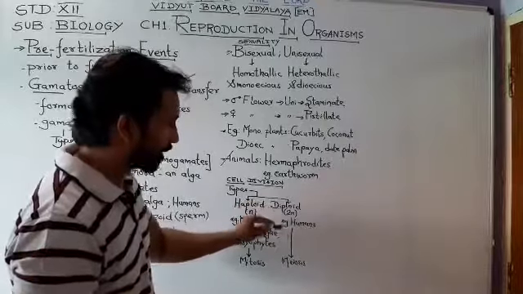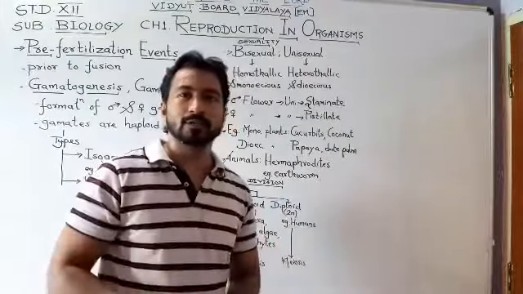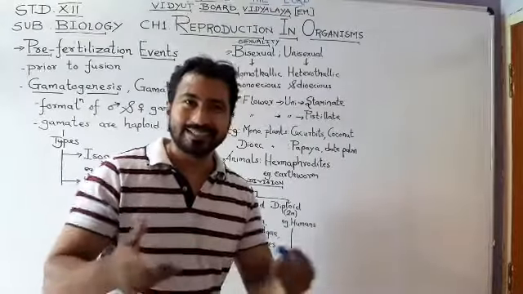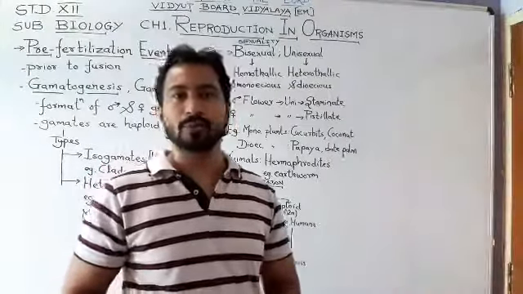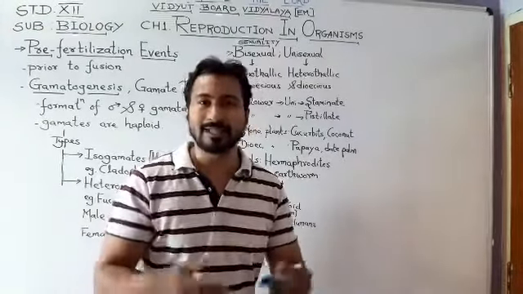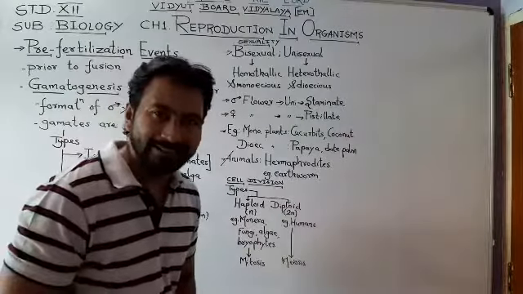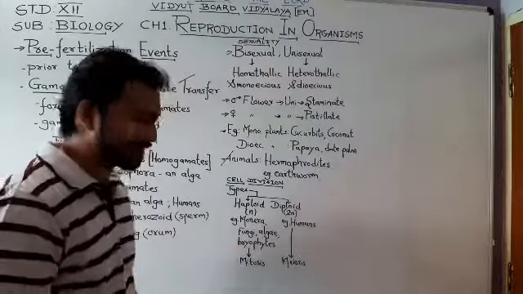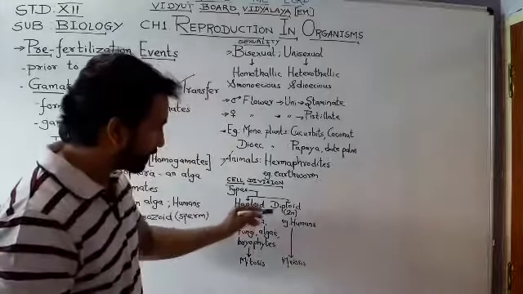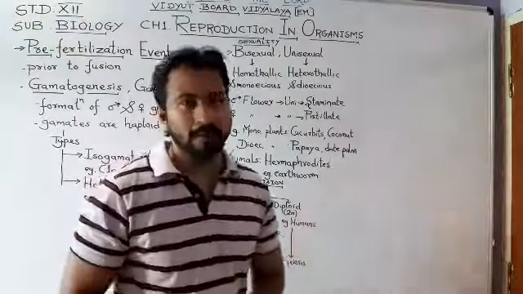And in case of diploid, humans are the best example. Now how do they undergo division? In the 11th standard, you might have learnt about mitosis and meiosis. So here are exactly the same processes. The haploid organisms undergo division by means of mitosis, and the diploid organisms undergo division by means of meiosis.